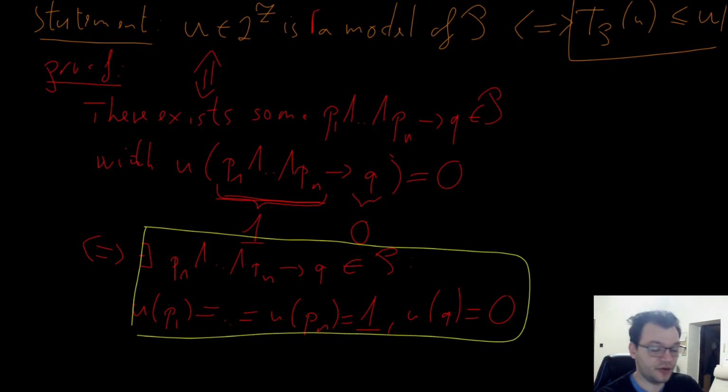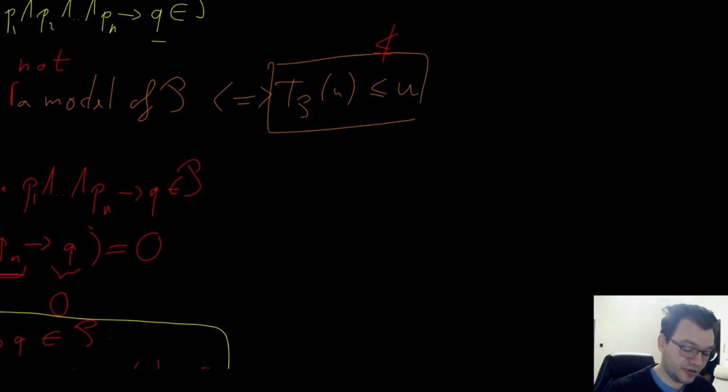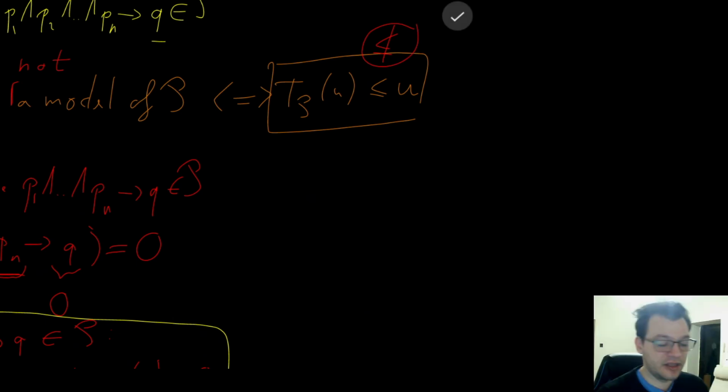Let's continue with T_P(U) being not smaller than or equal to U. Not smaller than or equal, and these are functions, means that there is one coordinate on which the direction is the other way around, because here we have only two values, 0 and 1, and they are ordered.